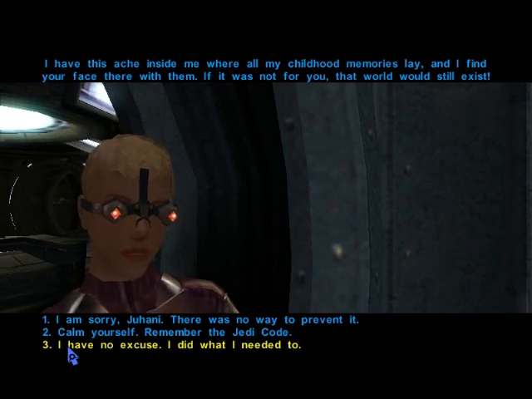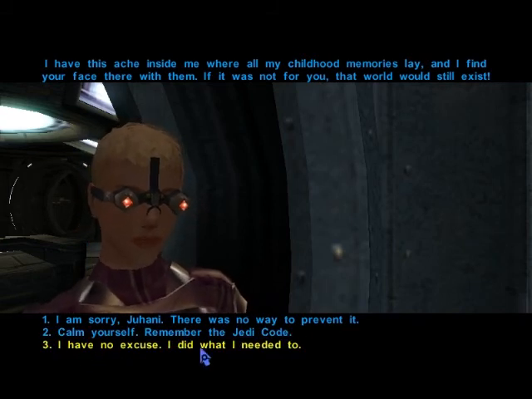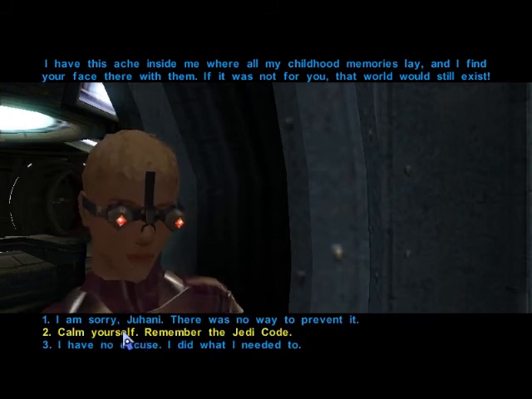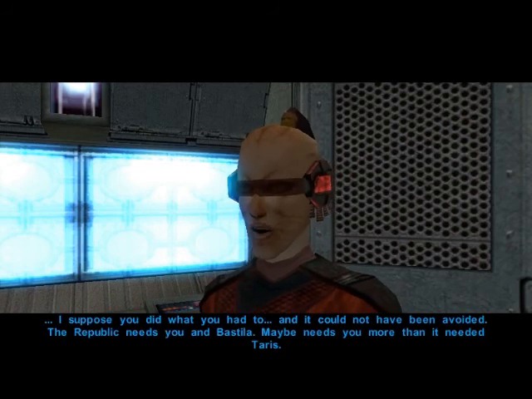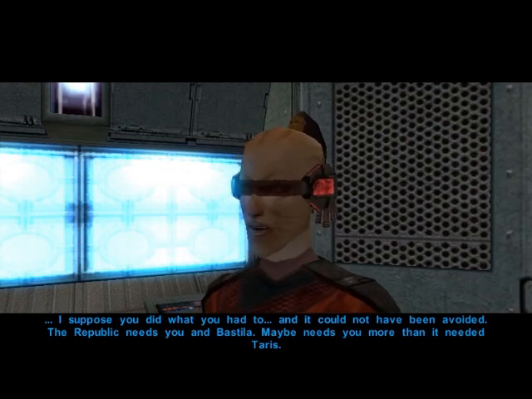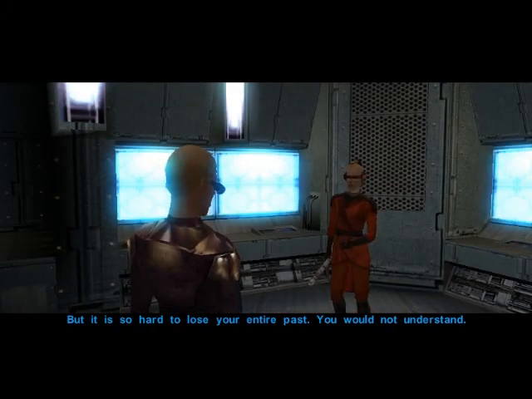If you need blame, put the blame on the right people. You need to calm down. There is no emotion. There is peace. I suppose you did what you had to, and it could not have been avoided. The Republic needs you and Bastila. Maybe needs you more than it needed Taris. But it is so hard to lose your entire past.